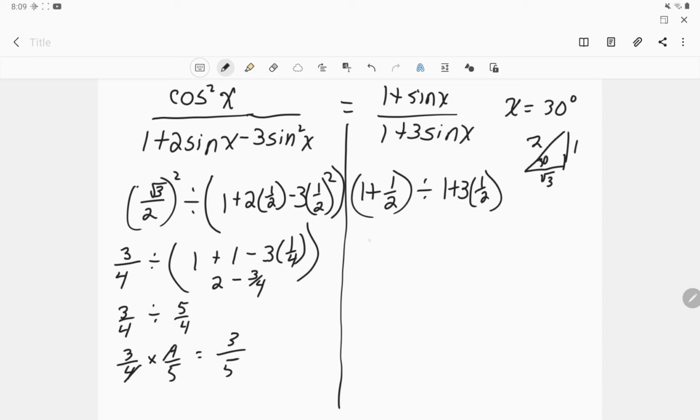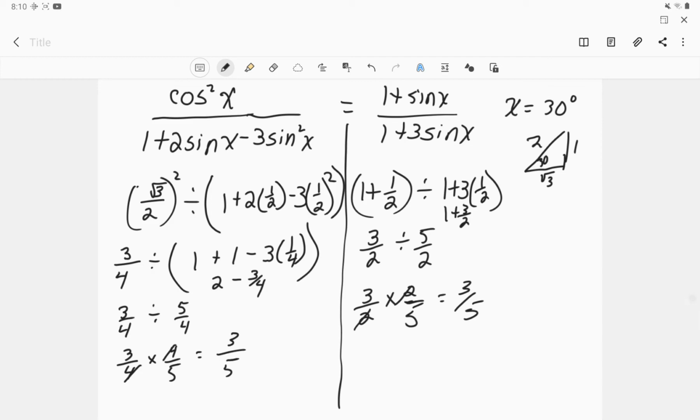So I have 1 plus a half, which is 1 1/2, or 3 over 2, divided by 1 plus 3 over 2, and 1 plus 3 over 2 would be 5 over 2. So keep, switch, flip. My 2's would cancel, and I'd end up with 3 over 5. So both sides give me 3 over 5.